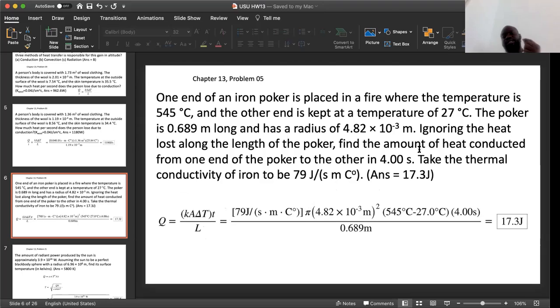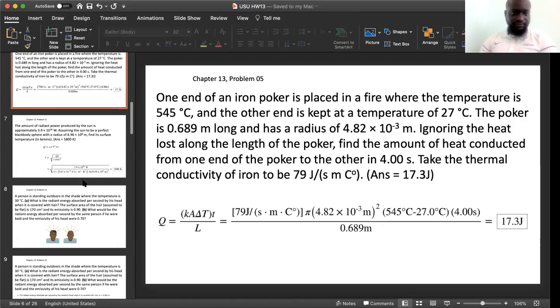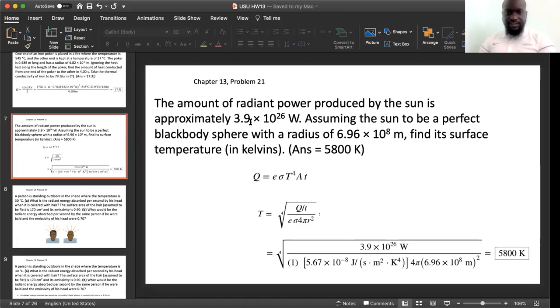This is not the amount of heat per second, just the amount of heat in joules. There is a difference between when you're asked to find the amount of heat per second, joules per second, and when you're asked to find just the amount of heat in joules. Now seconds will go out, t will be multiplied, and you are given the time through which the conduction took place.